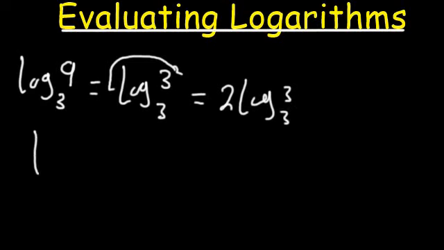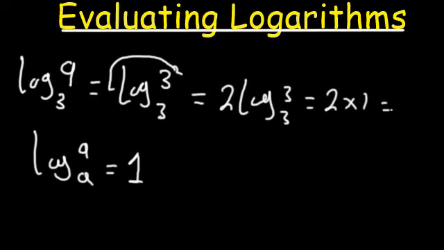Now we said the log of a certain value to the base of the same value simply equals 1. So our final answer is 2 times 1, and 2 times 1 is simply 2. And that's how to evaluate log of a certain value to a base of another value.